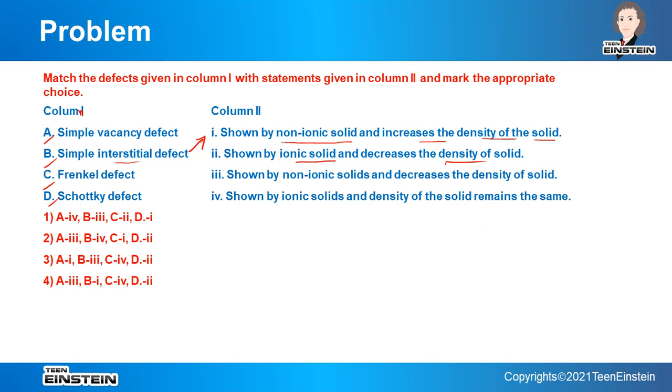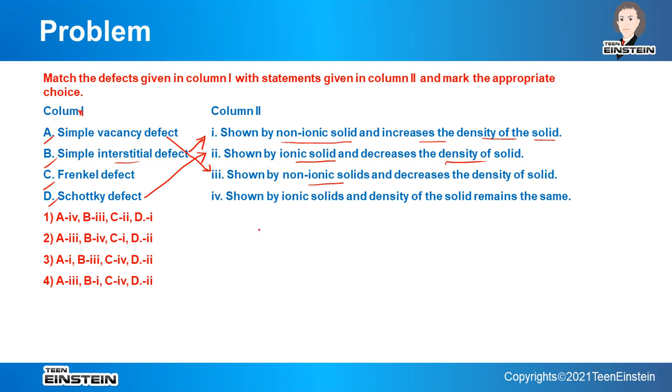So D must be equal to 2. In the third statement, shown by non-ionic solid, it means either vacancy or interstitial. Interstitial we have already used. So non-ionic solid that decreases the density must be vacancy. So A is 3.